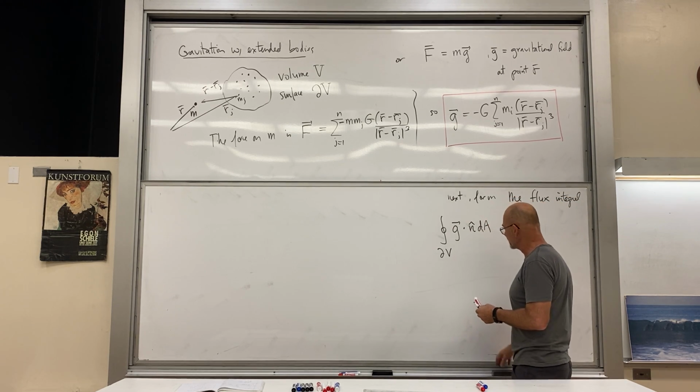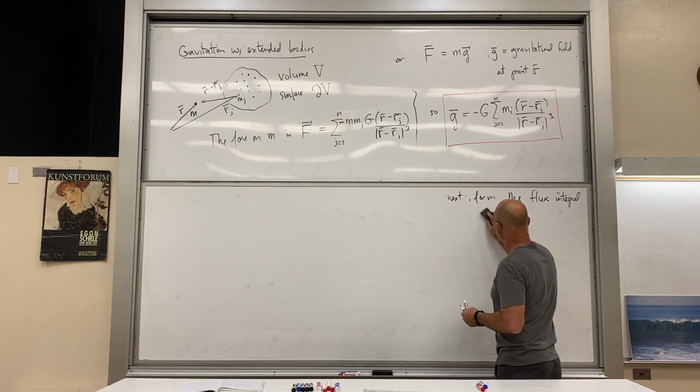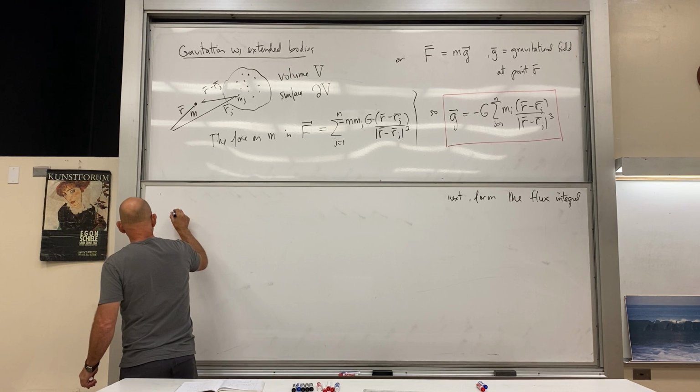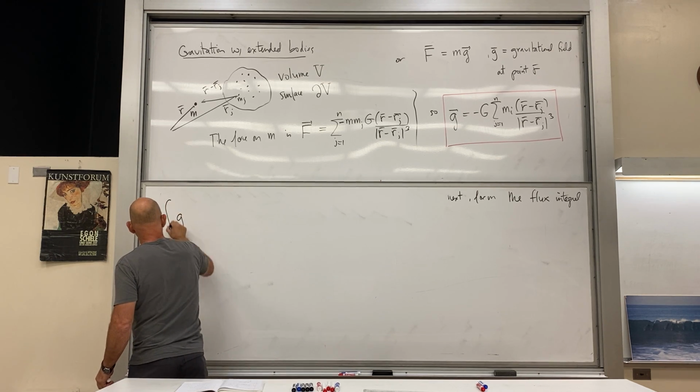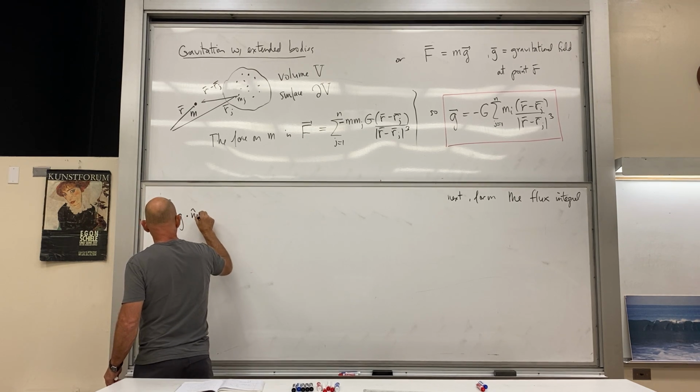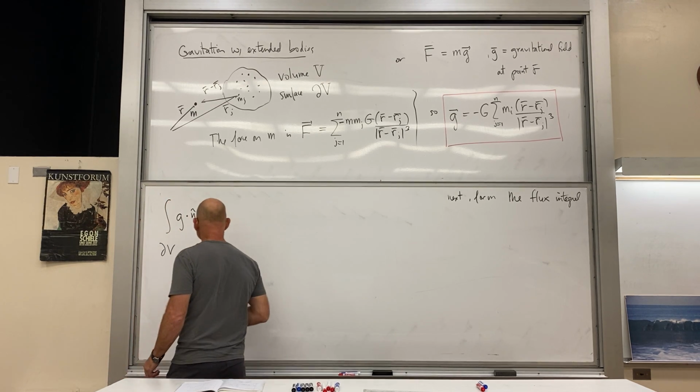I'm going to want to start this on the left side of the board, so let's do it over here. So we're going to have G dot n hat dA.